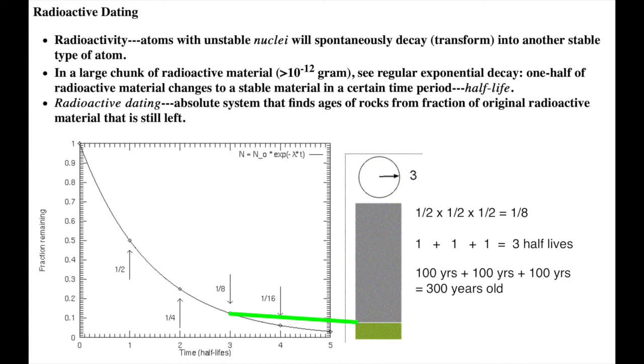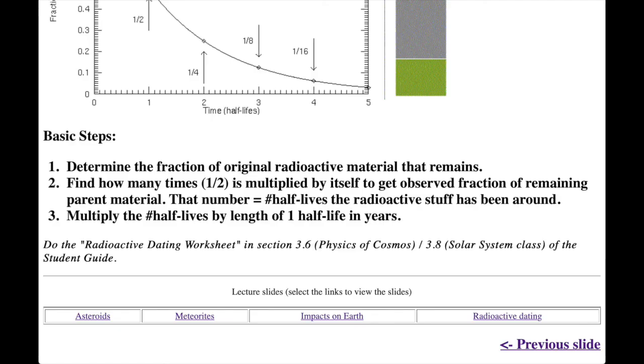So it's 3 half-lives old, 1/2 times 1/2 times 1/2 being 1/8. And if each half-life is 100 years, then the rock is 3 times 100, or 300 years old. In radioactive dating problems, you'll use these basic steps, and again, I will give you the observed fraction, step number 1. Then you just do steps 2 and 3 to figure out the ages of the rocks.